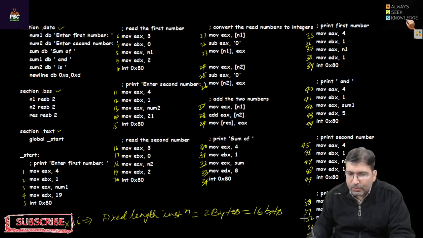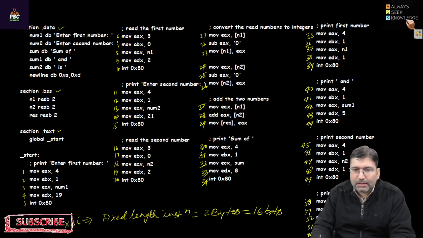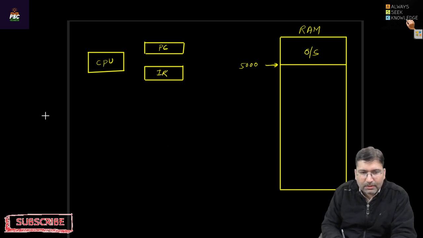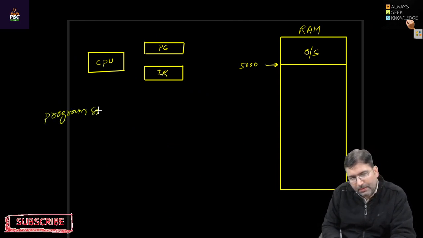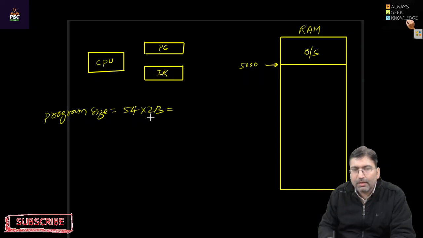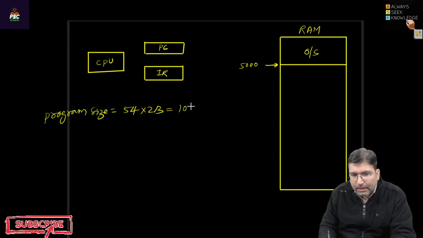Now assume that there are 54 instructions, then the total program size will be 54 into 2 bytes. So that means your text section, which contains the code, will be 108 bytes.